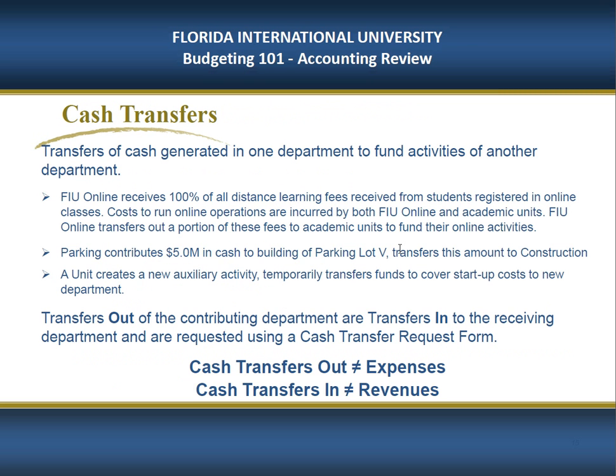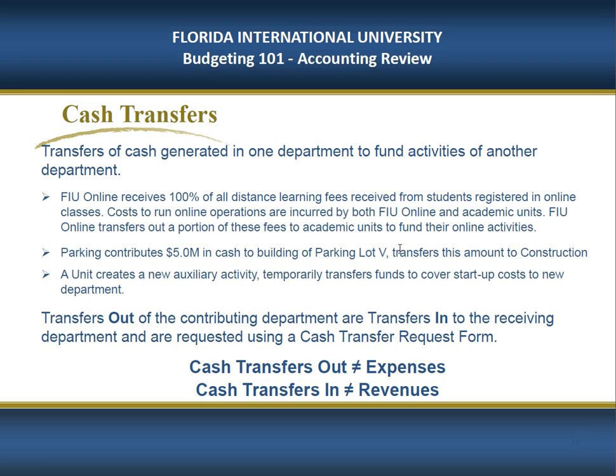Finally, in this section, let's talk about cash transfers. There's always a little bit of confusion of when something is an expense or a revenue, or when something is a cash transfer in or out. Cash transfers are what we refer to when we're using cash that's generated in one department to fund activities or to subsidize activities in another department. And the best way to talk about this is through a couple of examples.